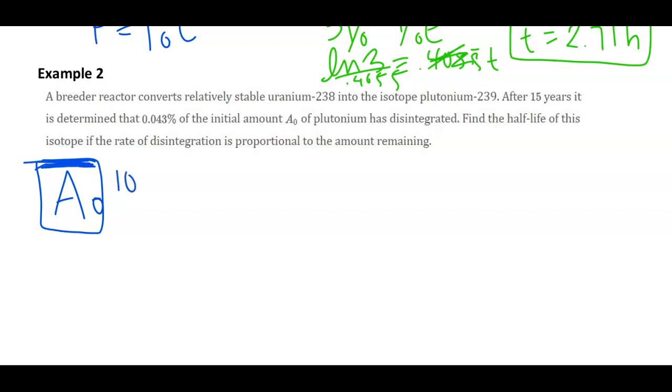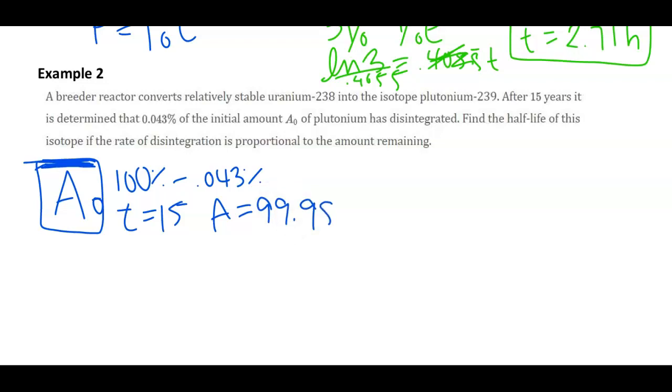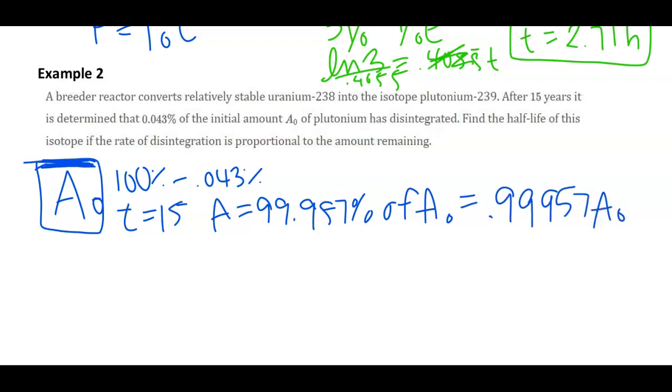So if I take 100% and subtract out 0.043%, then at t equals 15 years my amount is 99.957% of A naught. Or mathematically, we can write that as 0.99957 times A naught, right?